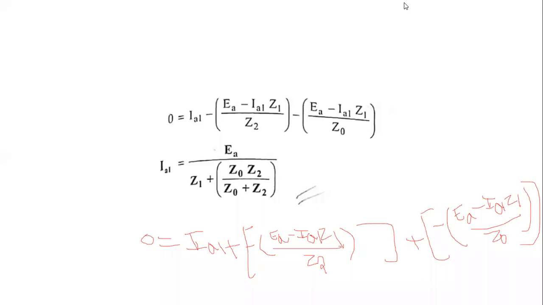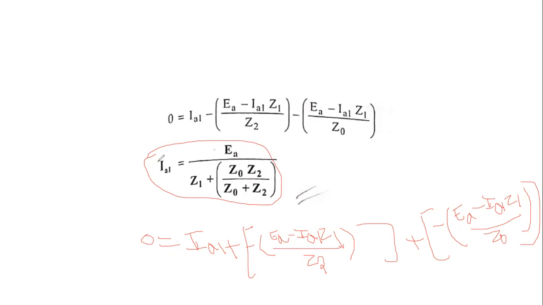What is the IA1 formula? Therefore, IA1 is equal to A by (Z1 plus Z0 Z2 by Z0 plus Z2).